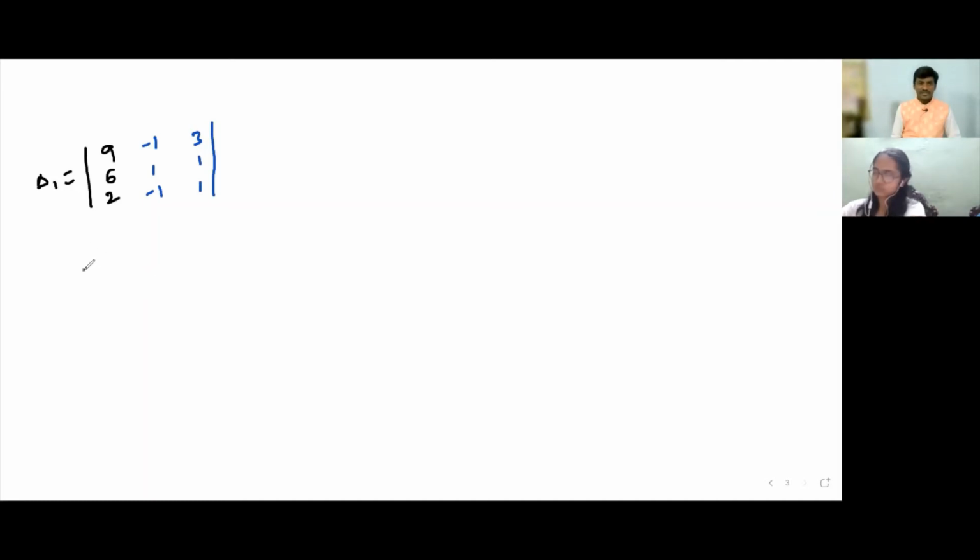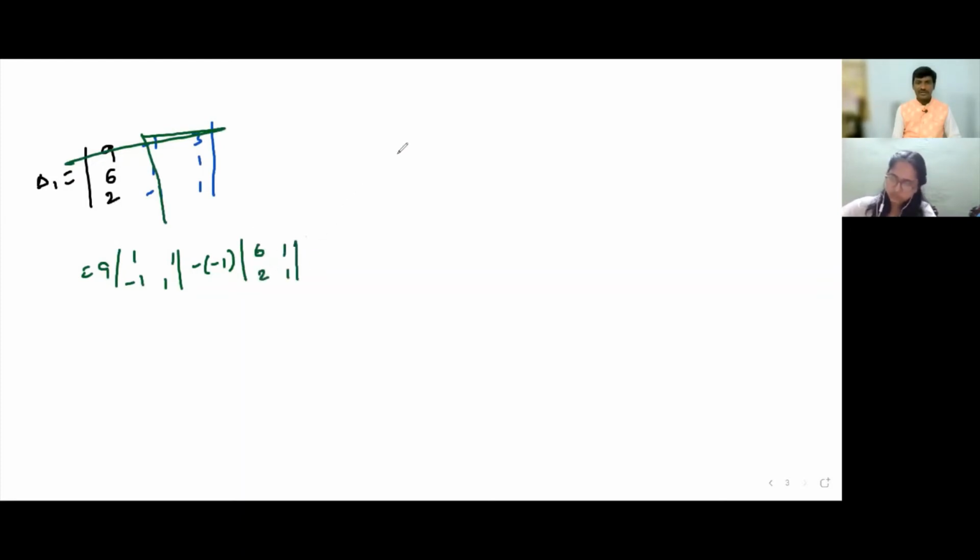Just write here 9 into, closing the row and column, 1, 1, minus 1, 1, minus of minus 1, into, closing the row and column, 6, 1, 2, 1.